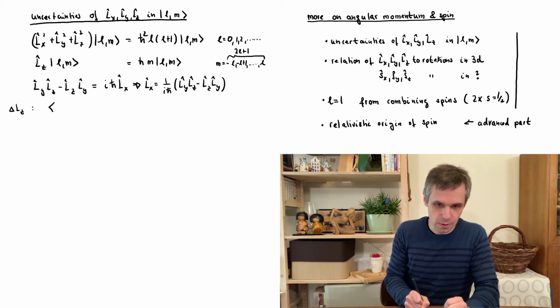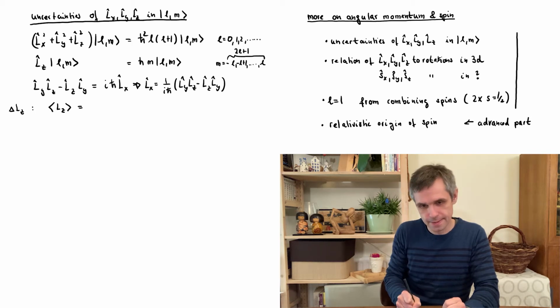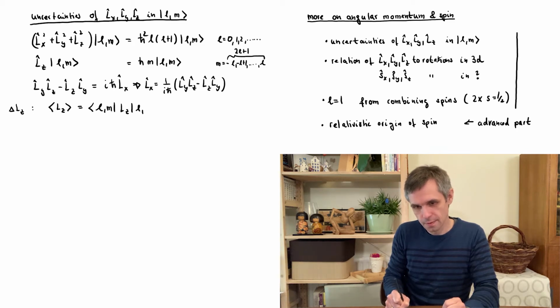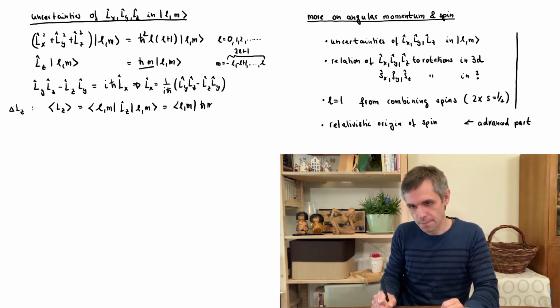So let us first work out the expectation value of Lz in one of these states. So that would be this expectation value here. And then we can use this equation here to replace what we have inside by h bar times m.